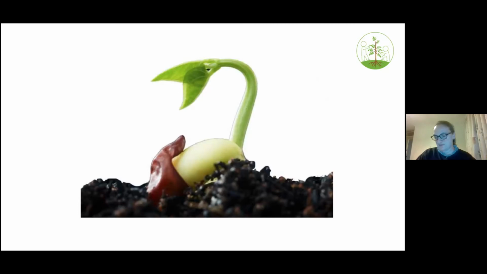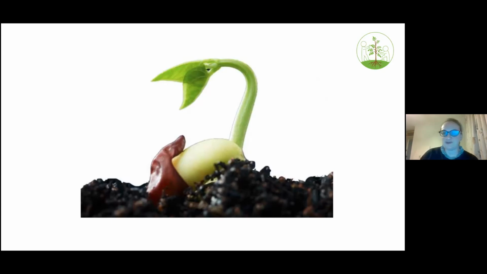And then once the seed starts to produce its green leaves, any leftover food reserves just shrivel away because it doesn't need them anymore.